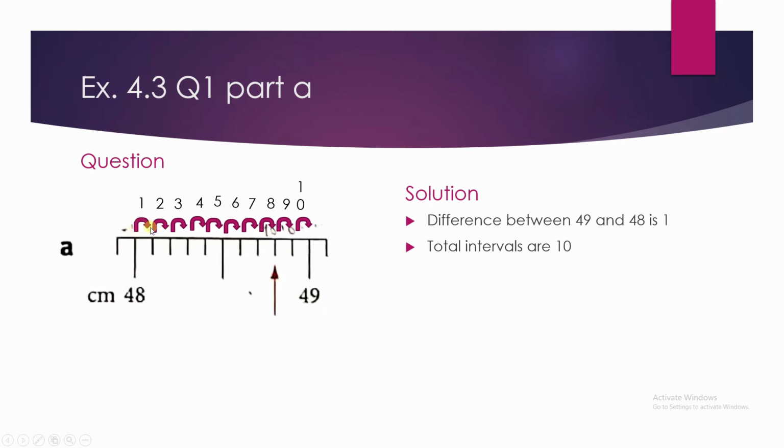So I mark the arrow from this point to this point. This is interval 1, interval 2, interval 3, interval 4, interval 5, interval 6, interval 7, interval 8, interval 9 and interval 10. So we can say the total intervals are 10 here.